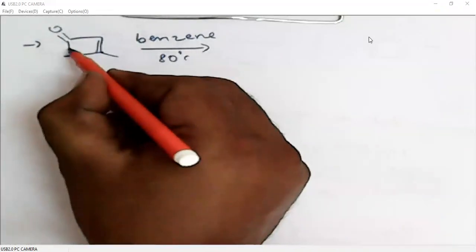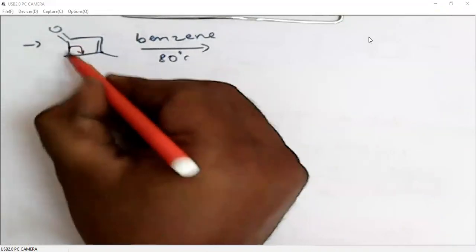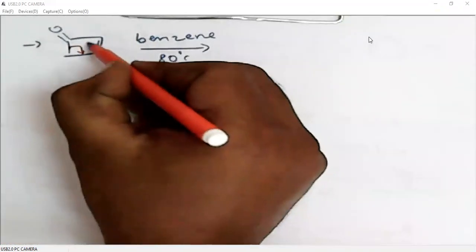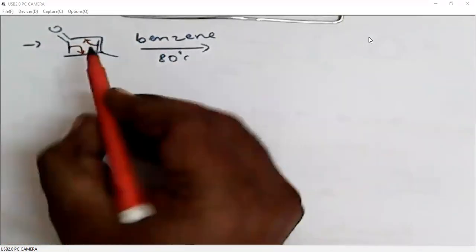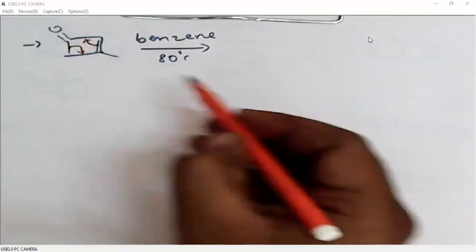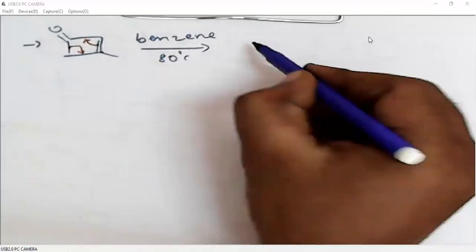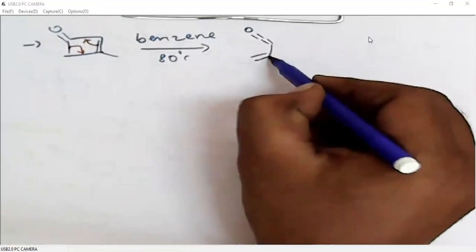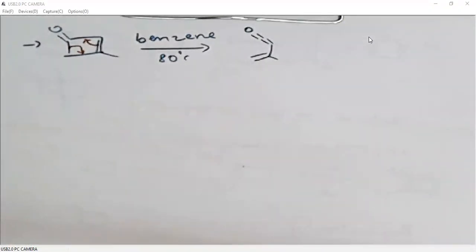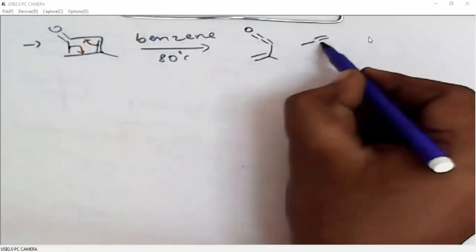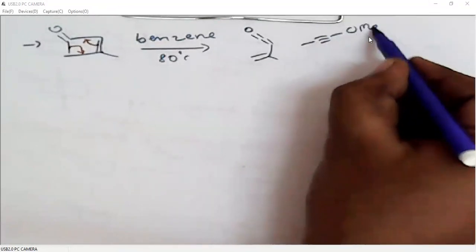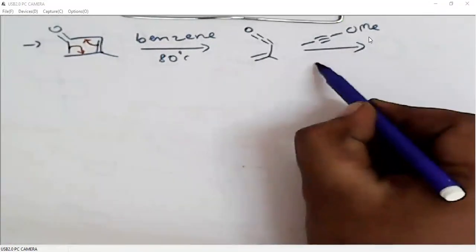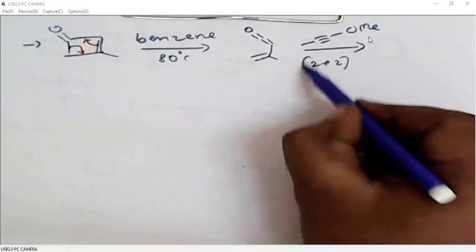It generates a ketene. So this carbonyl carbon bond will break down, and simultaneously the polarization of electrons will lead to a ketene as well as a double bond here. When it is treated with this molecule, ketene will undergo a 2+2 cycloaddition here.